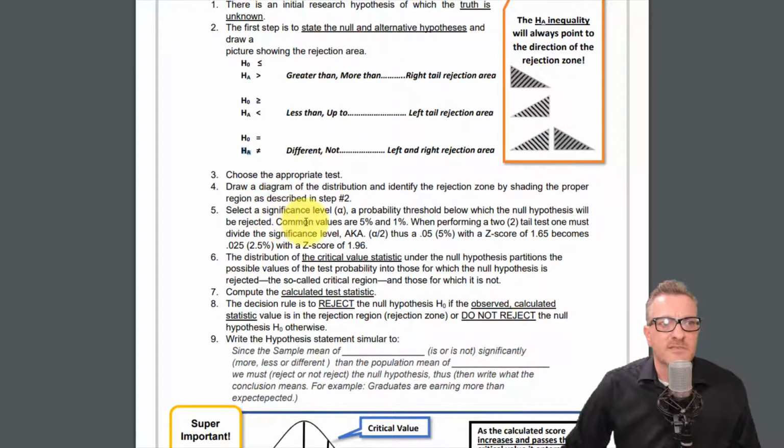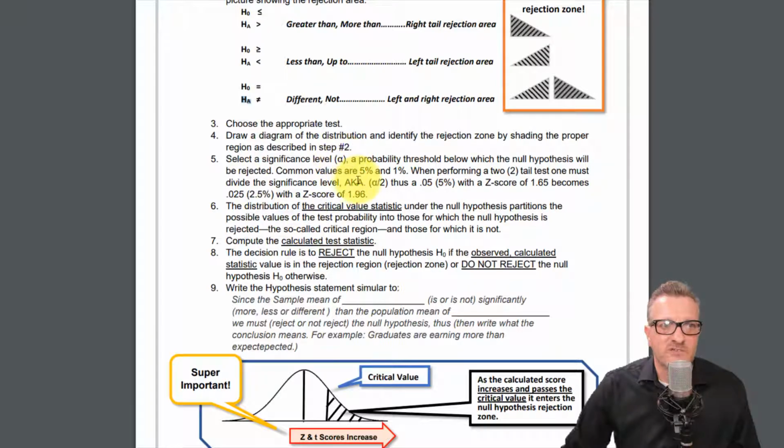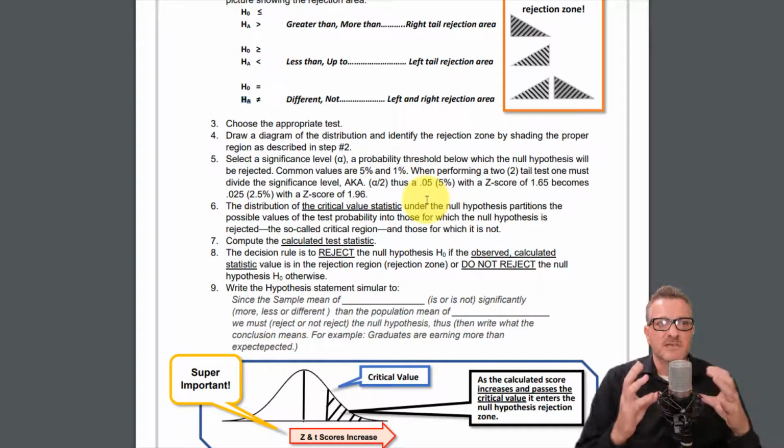Okay, select the significance level, which is alpha, the probability threshold below which the null hypothesis will be rejected. Common values are 5% or 1%. When performing a two-tail test, one must divide the significance level, the alpha, by 2. So when we do a two-tail test with the z-score, we usually take that 5% and divide it in half.